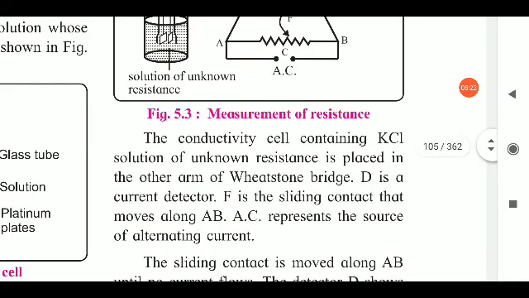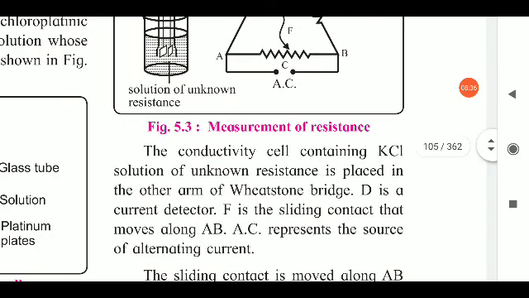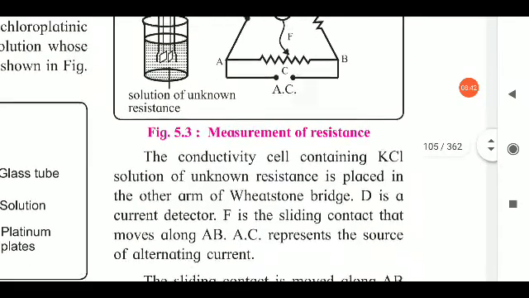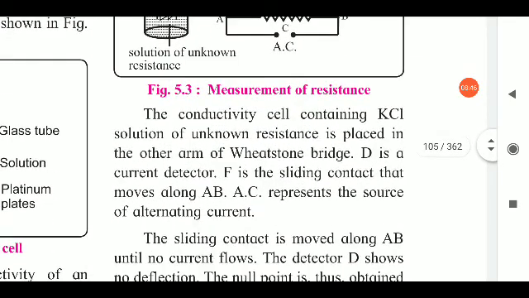Students, here AB, what does it indicate? It indicates the variable resistance, or we can also use a rheostat. And AC represents the source of alternating current, which we provide to balance the network.